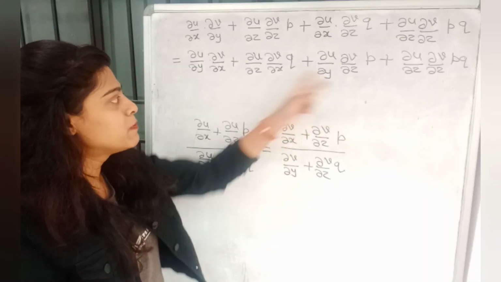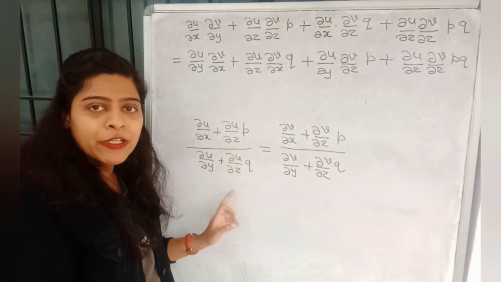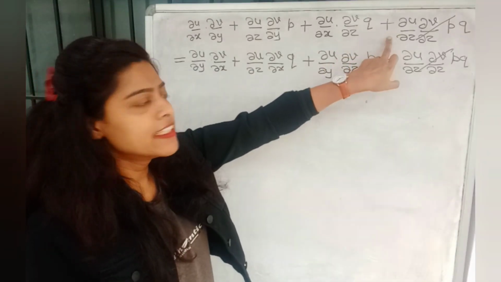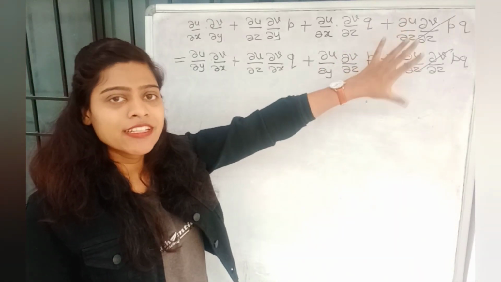We have obtained this product by multiplying this term into this term. Here we have cancelled this term and this term because both are the same value.